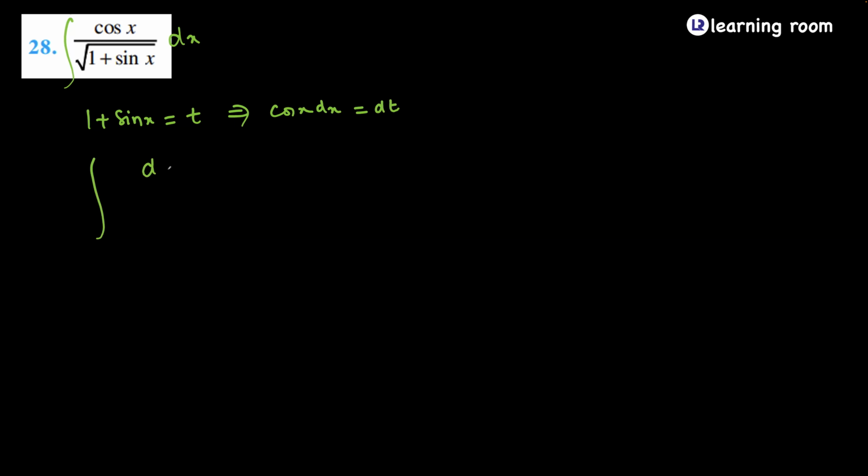So integral of dt divided by square root of t. Derivative of which function is 1 by root t? Root t itself. So basically, here you will get 2 root t plus c. And the answer will be 2 times root of 1 plus sin x plus c.